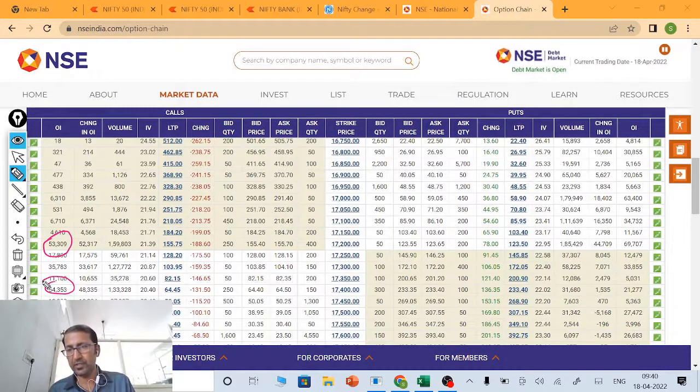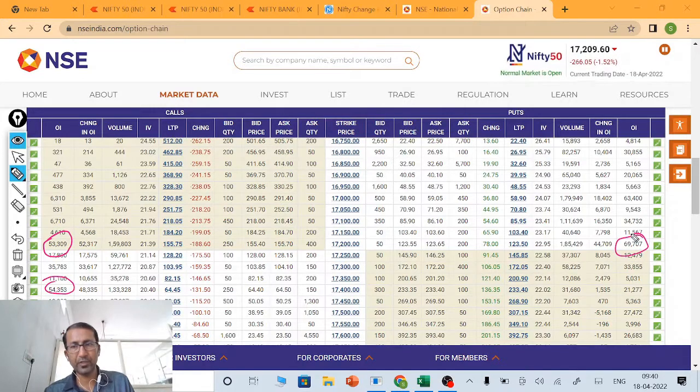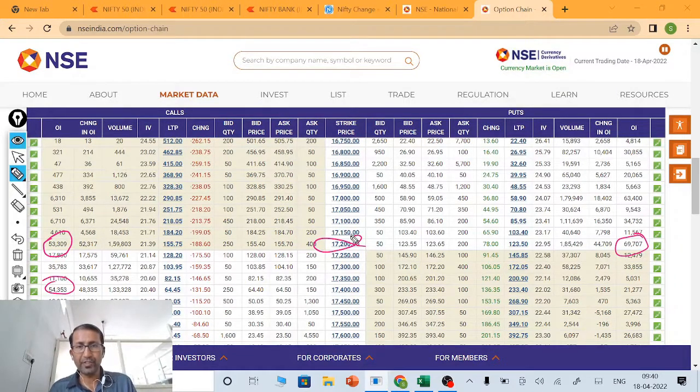Now on the put side, there is a very high put build up, 69,707 open interest positions at 17,200. So 17,200 will be a support 2. Maximum pain is there at 17,200, and then on the lower side, the next level of support is at 17,000.